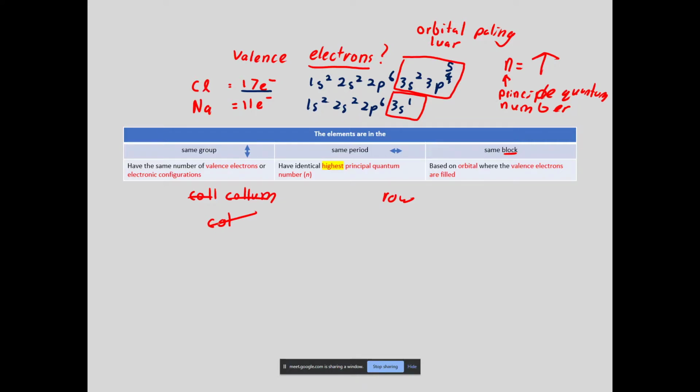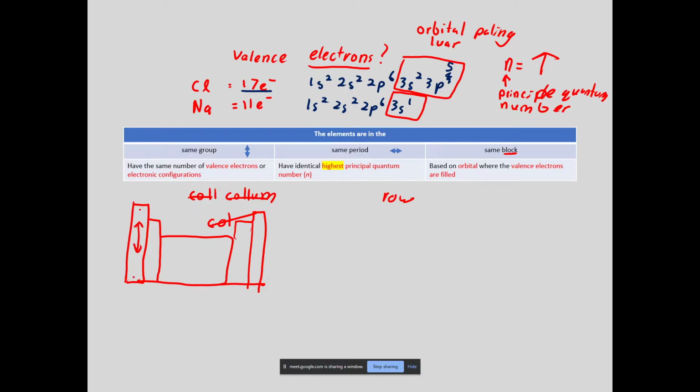What I'm saying is, kalau you guys tengok periodic table, macam kat belakang saya, group is any element yang ke bawah. So, maksudnya kalau dia duduk atas dengan dia duduk bawah, selagi dia sebaris, dia adalah the same group.